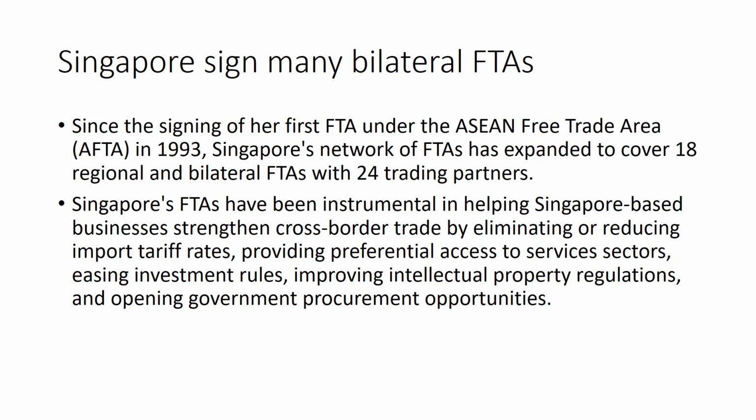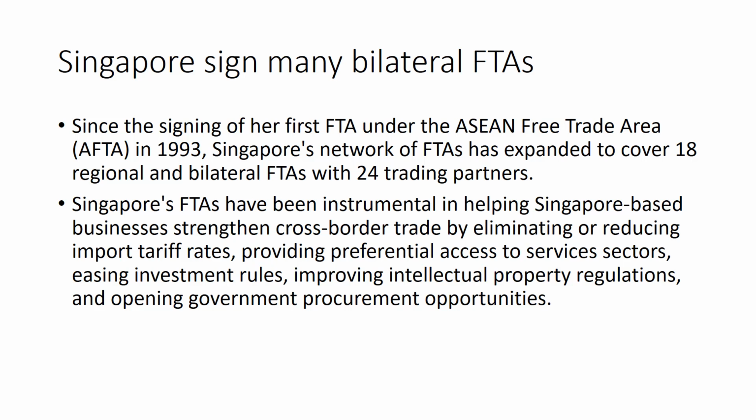Some elaboration. Since the signing of the first FTA, Singapore, Malaysia, and some other countries became part of the ASEAN Free Trade Area in 1993. Over the years, we have signed many FTAs that cover various countries around the world. Why do we sign all these FTAs?